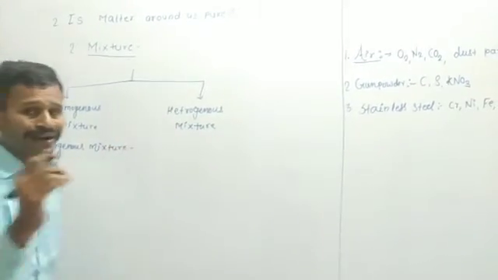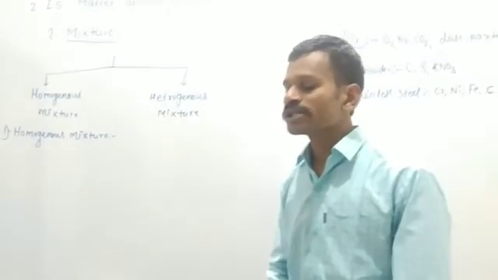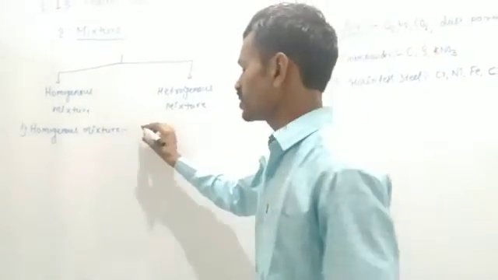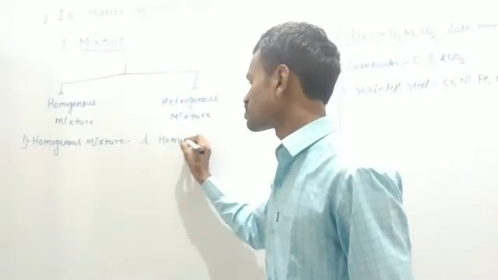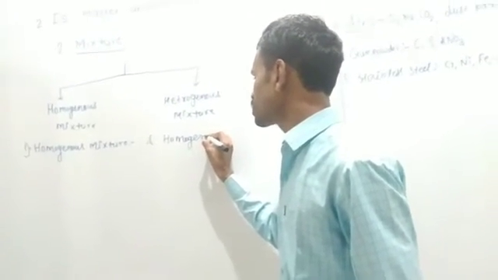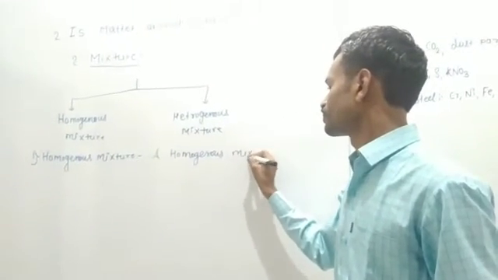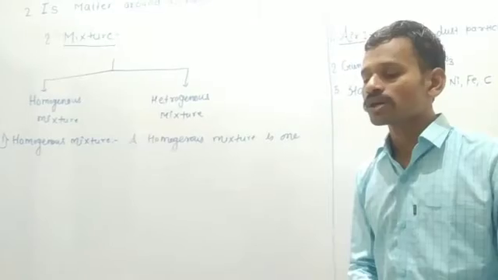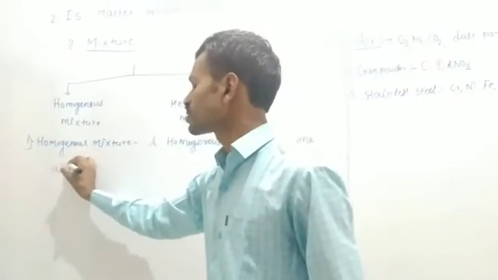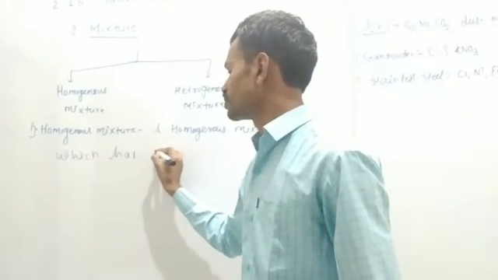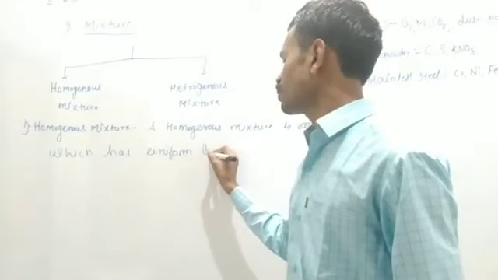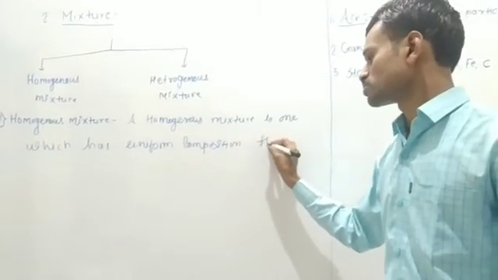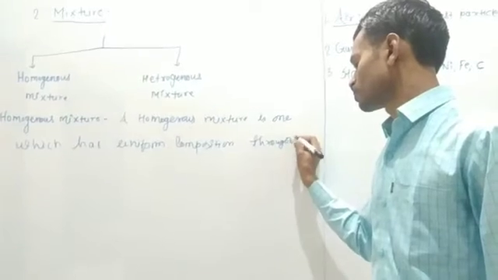So, I would like to give the definition. A homogeneous mixture is one which has a uniform composition throughout its mass. What is the definition? A homogeneous mixture is one which has a uniform composition throughout its mass.